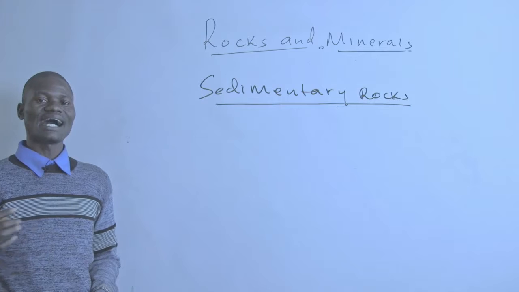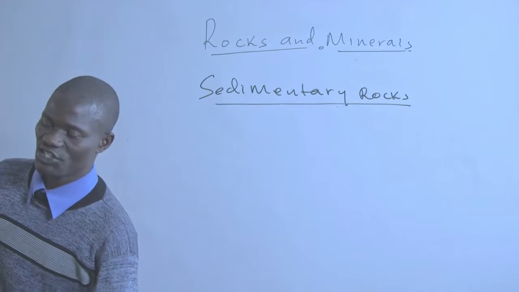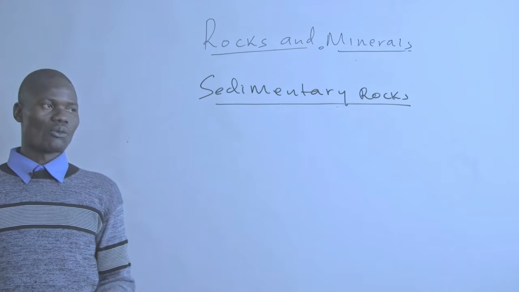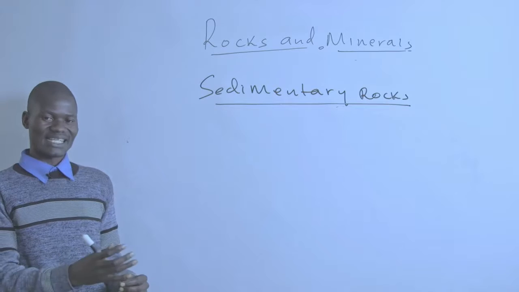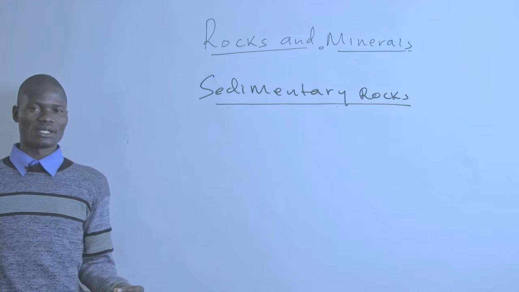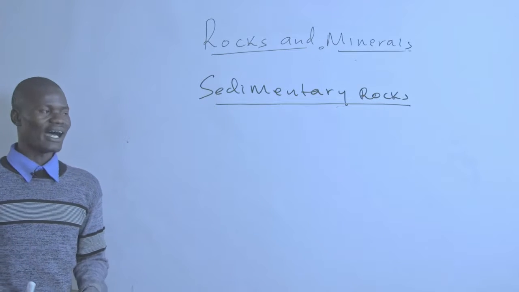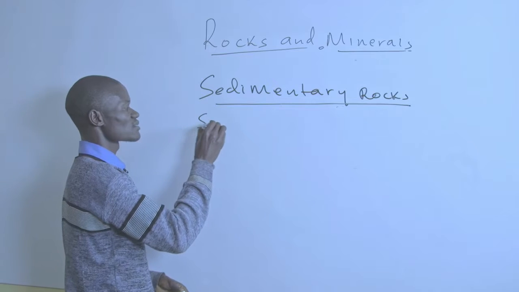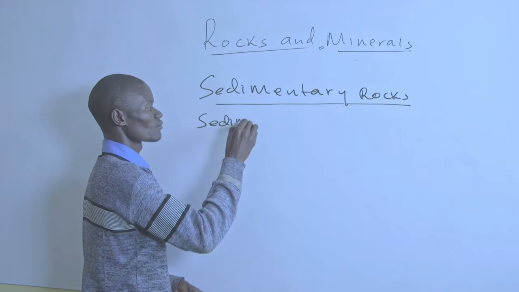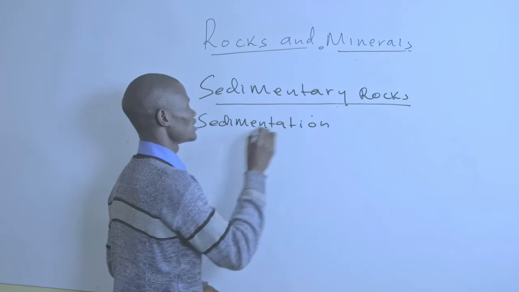When we look at the earlier rocks, igneous rocks, because of denudation and weathering, most of the igneous rocks, upon weathering, will be acted upon and broken into small pieces, and then they will be laid down in sediments in the process of sedimentation.